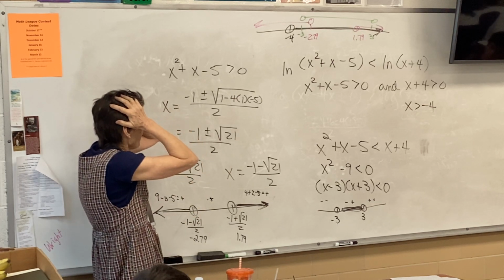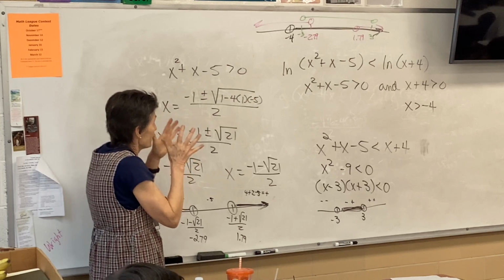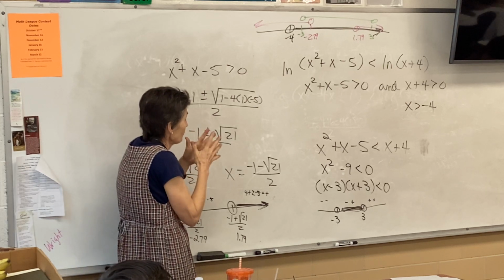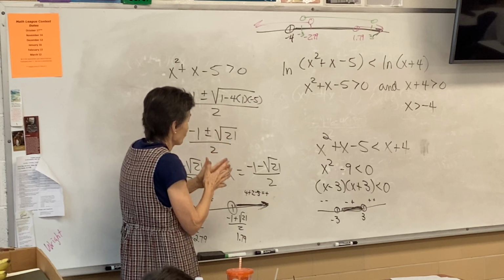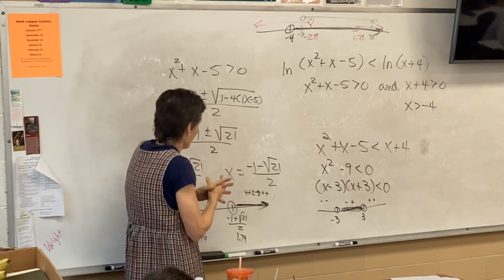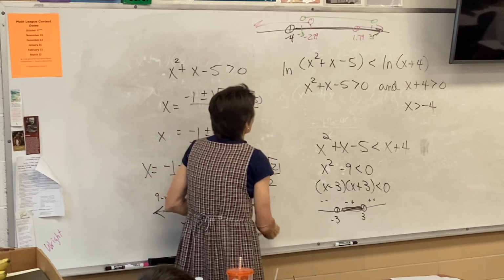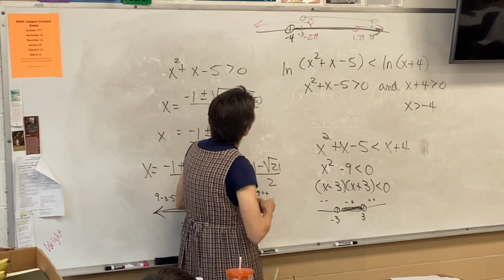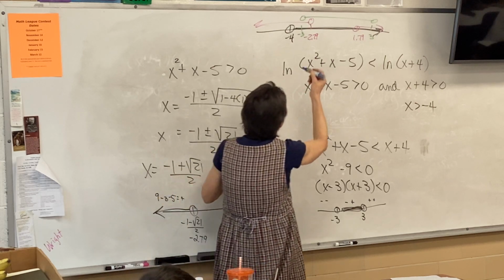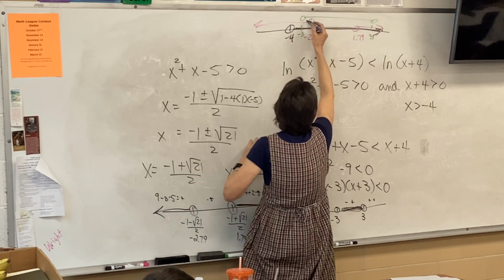So what is the final answer? It must meet all three requirements, black, pink, and green. So what is black, pink, and green? Would you say right here?